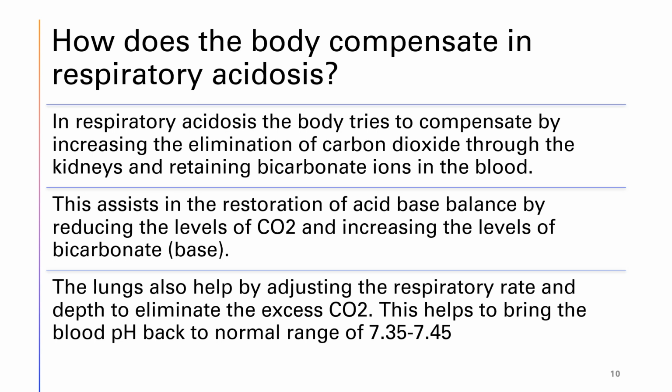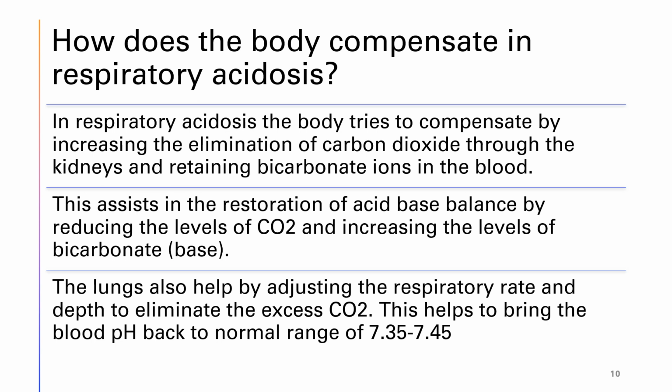How does the body compensate in respiratory acidosis? In respiratory acidosis, the body tries to compensate by increasing the elimination of carbon dioxide through the kidneys and retaining the bicarbonate ions in the blood. This assists in the restoration of acid-base balance by reducing the levels of CO2 and increasing the levels of bicarb, which is the base.